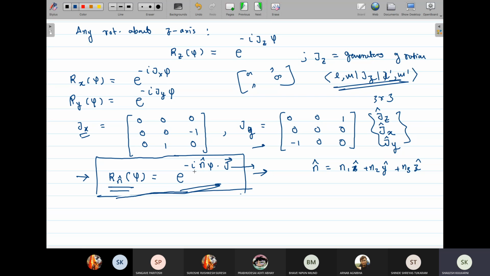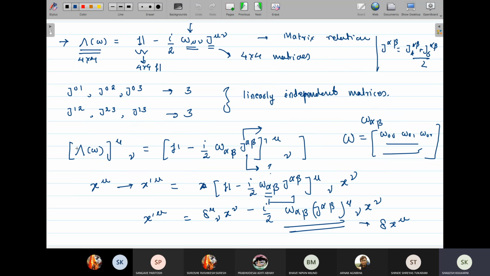Discrete Lorentz transformations you cannot do like this. You cannot write a generator for the discrete case, or for other parts like L plus down, L minus up. This is only for proper orthochronous Lorentz transformations.